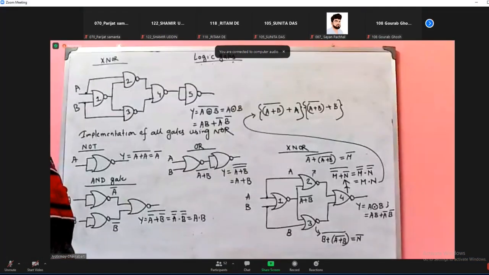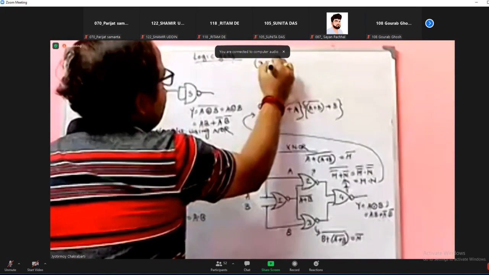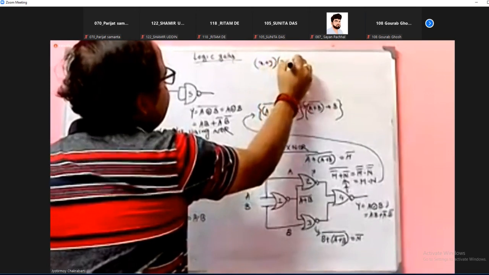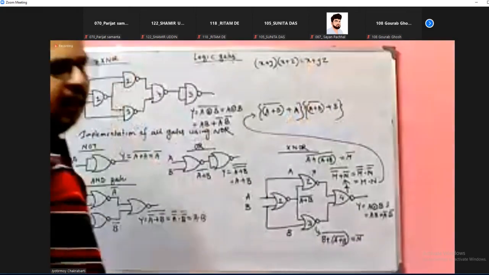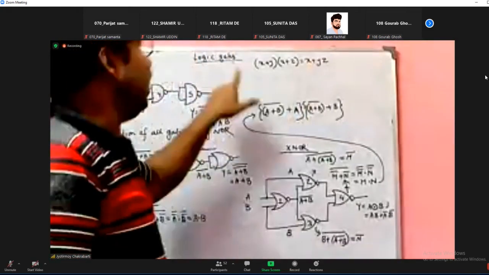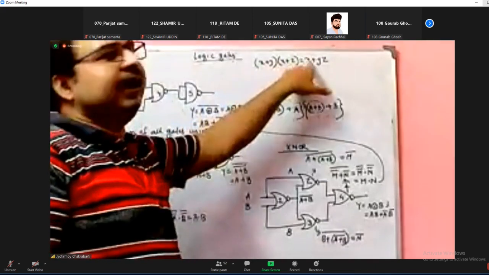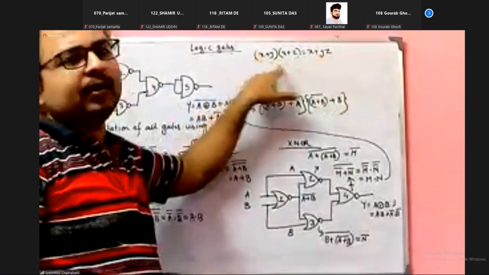The distributive law says X plus Y into X plus Z is equal to X plus YZ. So what is the common factor here?